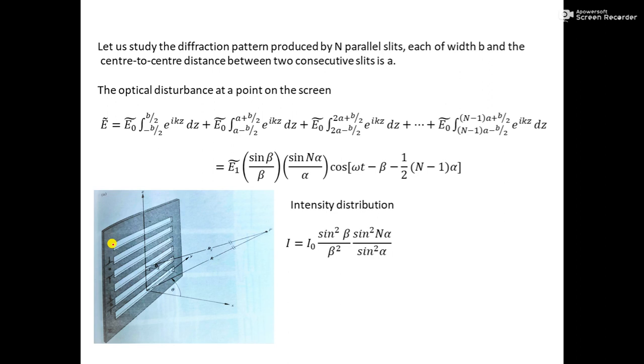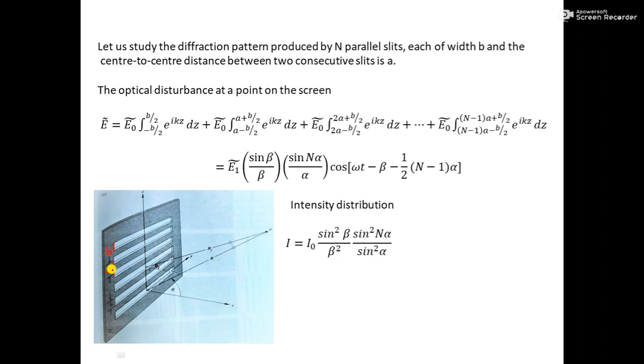So this separation is b, and the center to center distance is a. So this separation, center to center distance, is a. So we have n number of parallel slits, each of width b, and the center to center distance is a.